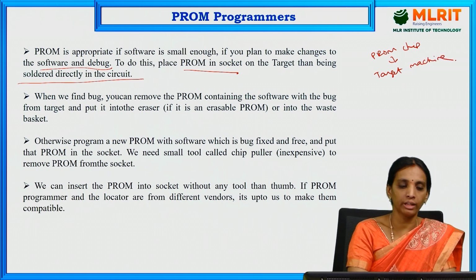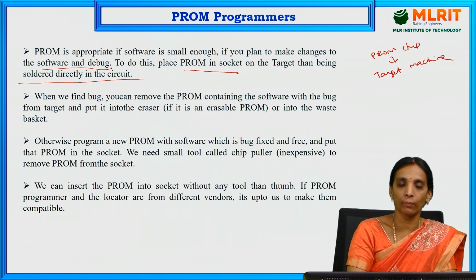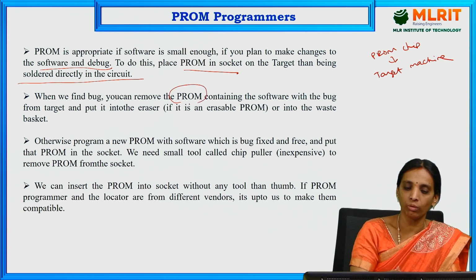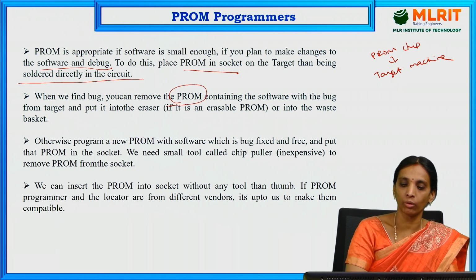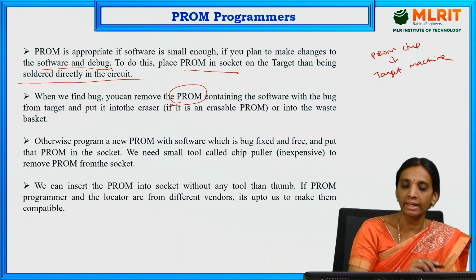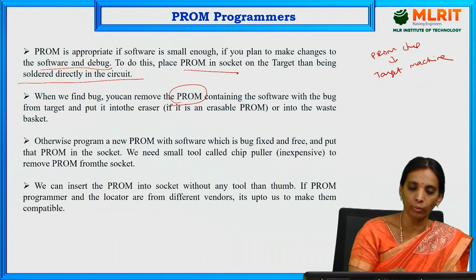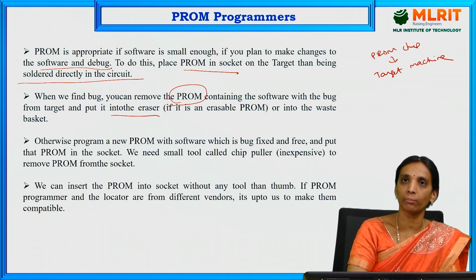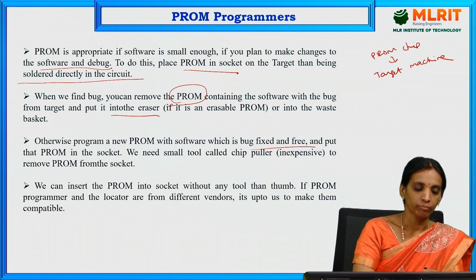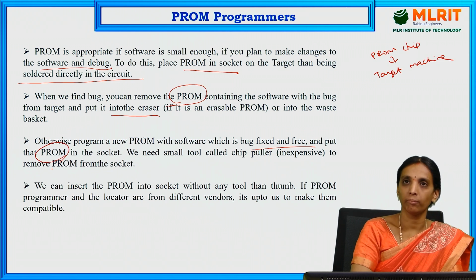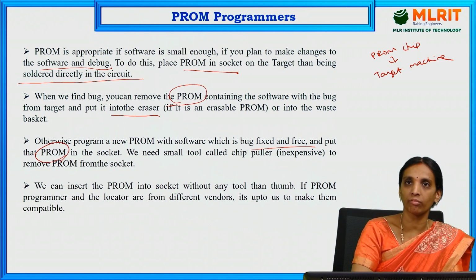If any bug is found in our program, then we can simply remove our PROM from the development model, and next we can erase whatever program was entered in the PROM. After that, we can modify the program again, fix our bug, and put our program in the PROM after compilation and after all checking.